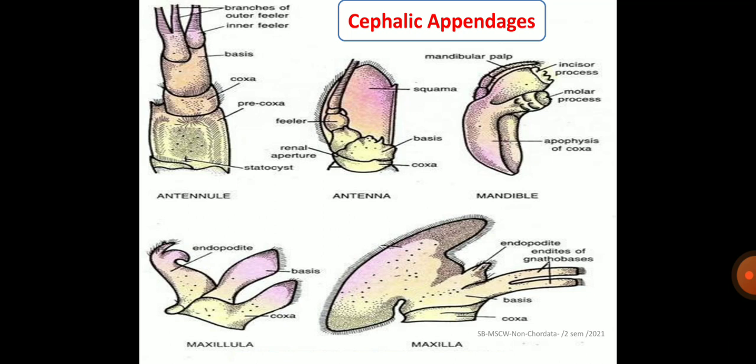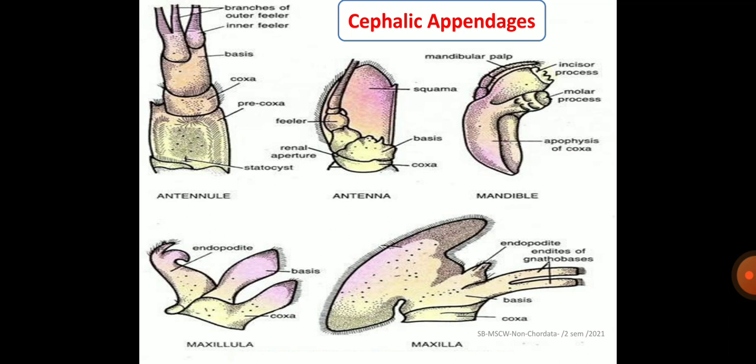It bears setae along its inner and distal margin, and it serves as a balancer during swimming. The antennae are also sensory in function apart from being excretory, and also possess balancing function.